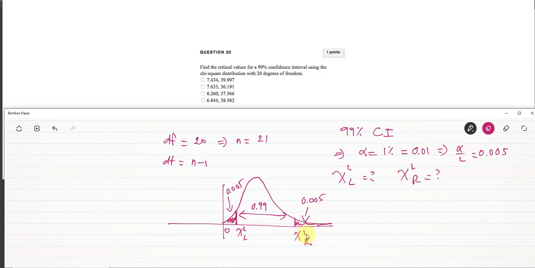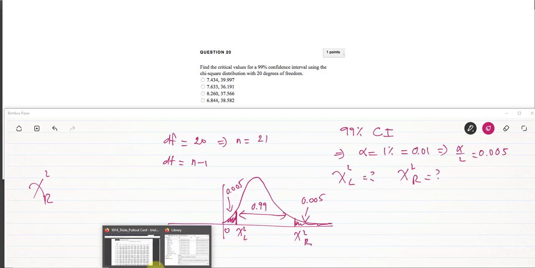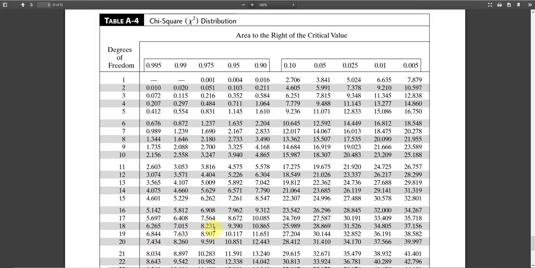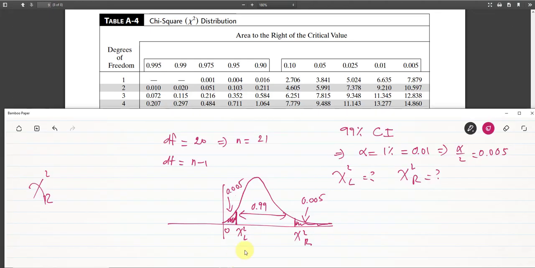Now, to find the critical values of these two chi-squares, it's pretty easy. So for the right tail, we have the area of the right side 0.005. So go back to this table here, 0.005 is right here. The degree of freedom is 20.